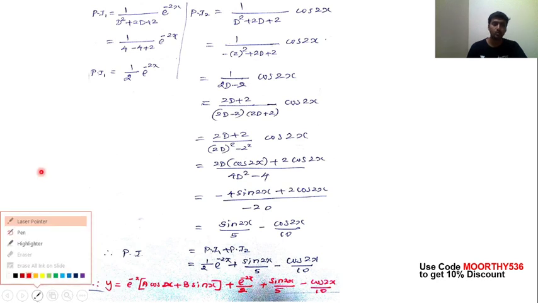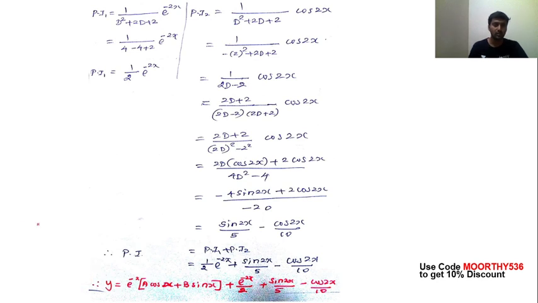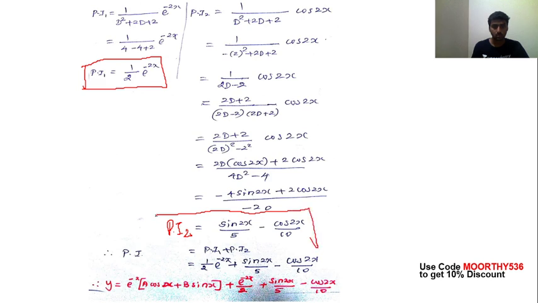PI2. Coming to the equation, it is PI1, particular integral 1. This PI2, particular integral 2. PI2 is equal to sin 2x divided by 5.